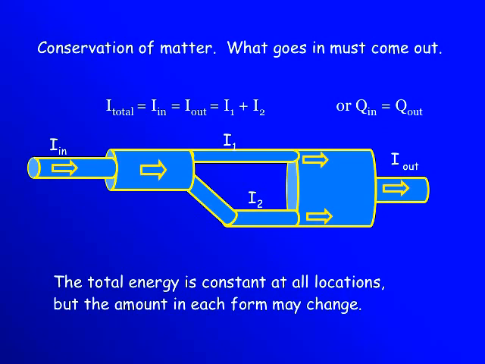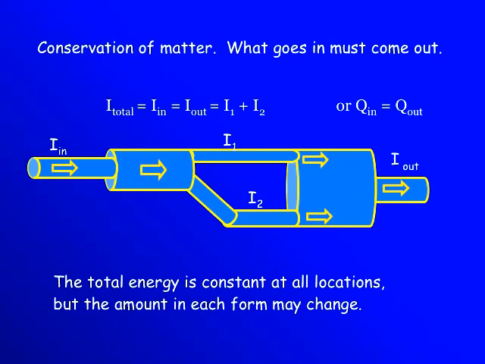Another way to think about it is, say we have 2 liters in the narrow pipe coming in, and the 2 liters will then change their shape to, rather than being narrow, widen up in the wider part of the pipe, travel slower, but it'll still be 2 liters passing by, let's say, every second.